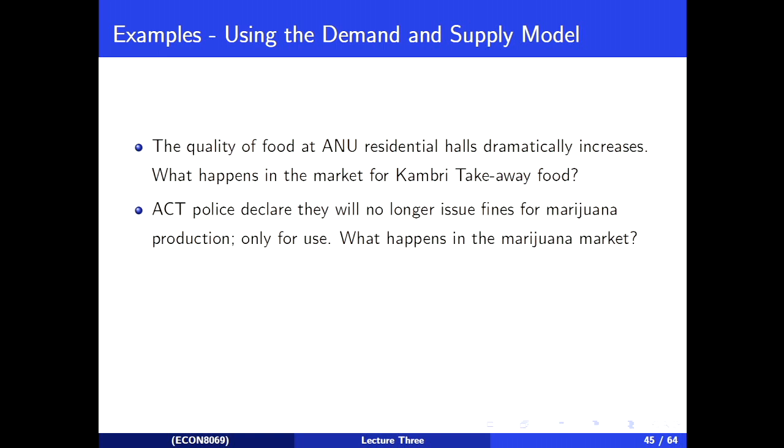ACT police declare they will no longer issue fines for marijuana production, only for use. Seems like the opposite of the way that they intend to go, but a declaration is made.